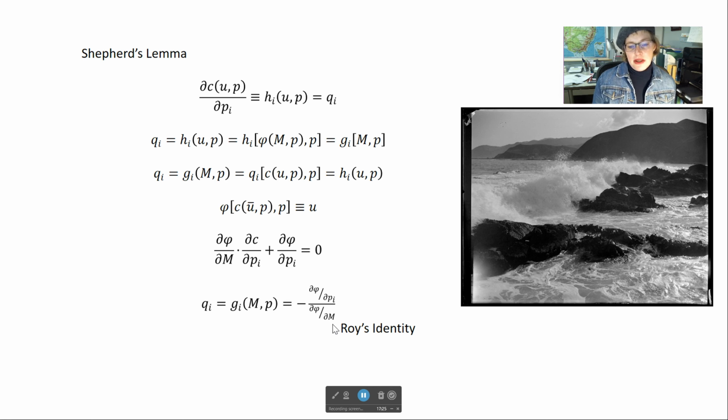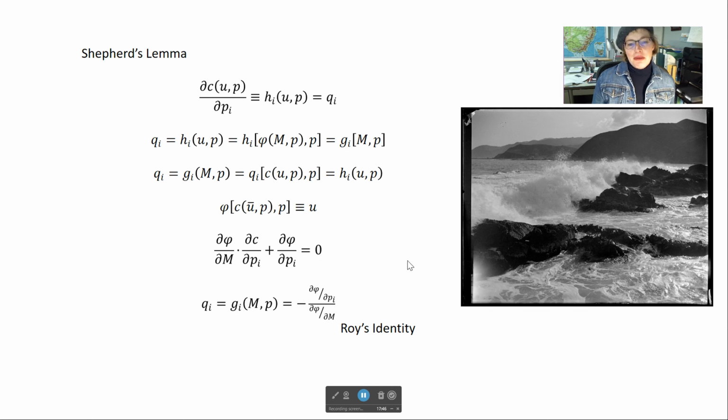This is equal to the negative ratio of the partial of our indirect utility with respect to price over the partial of the indirect utility with respect to income. And this is referred to as Roy's identity.